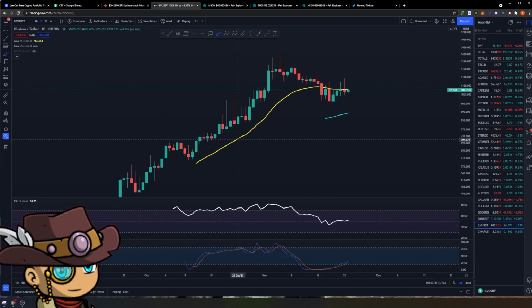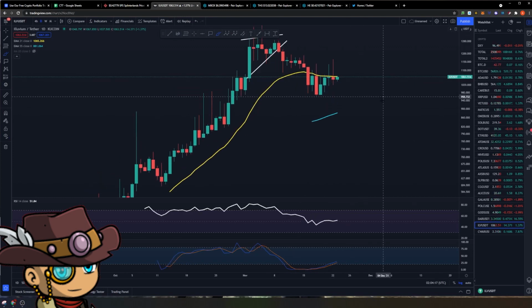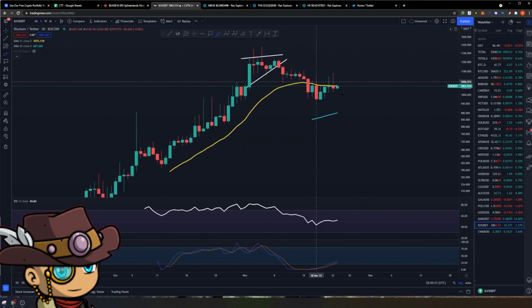But the problem with this uptrend was you can only be above the EMAs for so long before it gets tested. And with Illuvium, because we just kept going up and up and up, the moment we broke structure, this is where we are starting to find the challenge of rallying back up. Because once you lose momentum, this is where things get a bit dicey and there's a chance that we will keep going down from here. But let's look at the 4-hourly time frame to see how this played out.